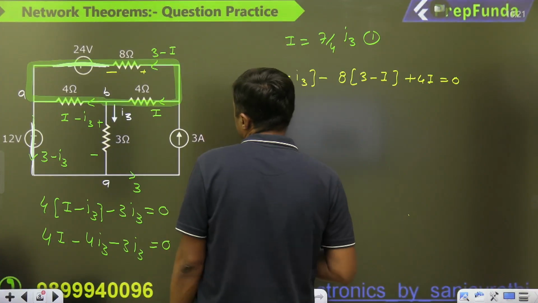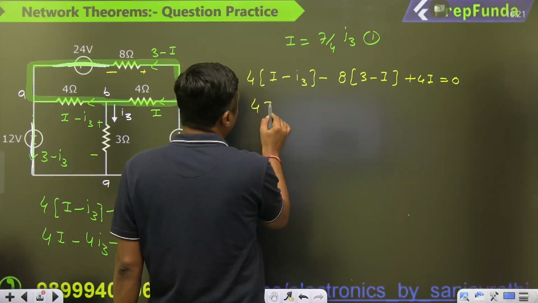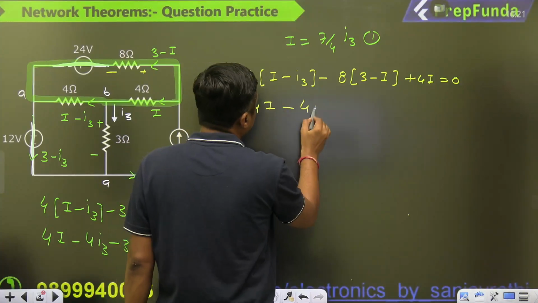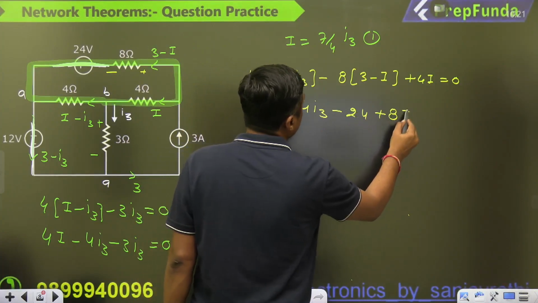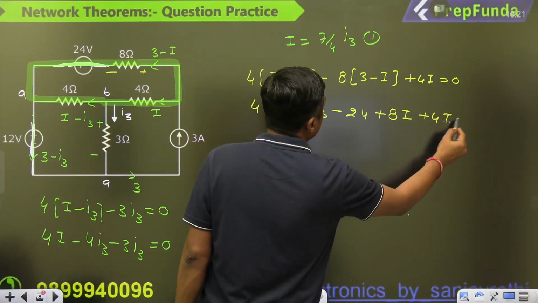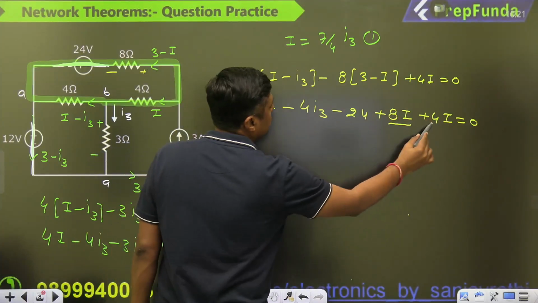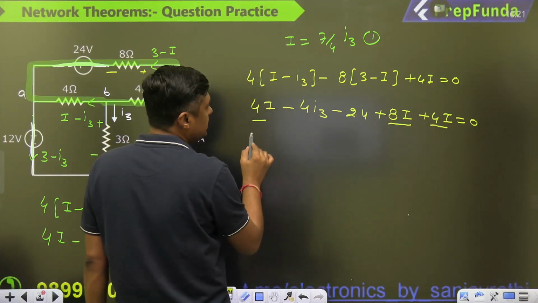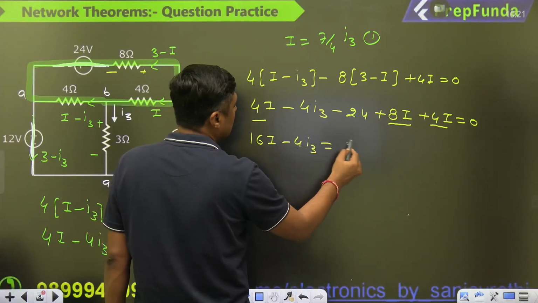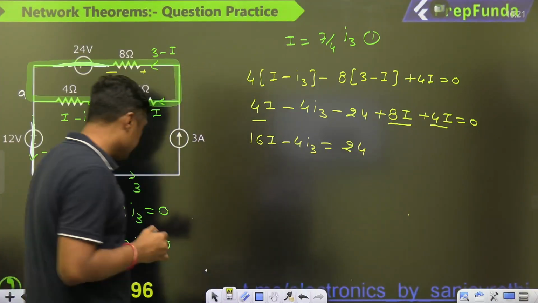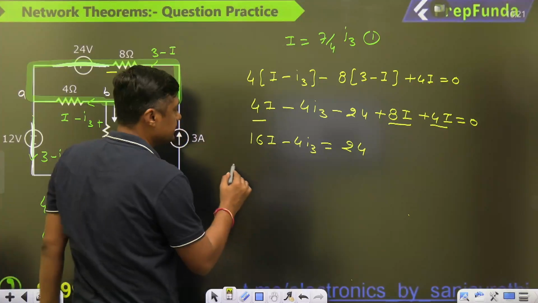Now it will become 4I minus 4I3 minus 24 plus 8I plus 4I is equal to 0. Then 4, 8, 4, it will become 16I minus 4I3 is equal to 24. And what is the I? I is 7 by 4 times of I3.